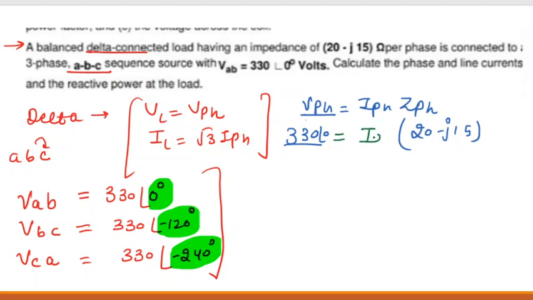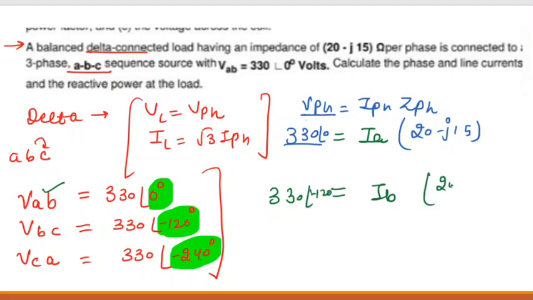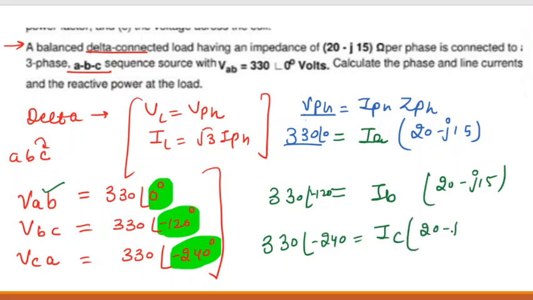I have taken AB, so IA we will get: 330 angle 0 divided by 20 minus J15. Similarly, we'll get IB as 330 angle minus 120 divided by 20 minus J15. Similarly, 330 angle minus 240 divided by 20 minus J15 gives IC.